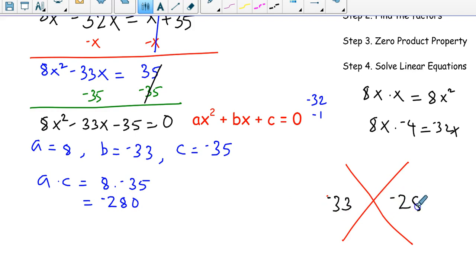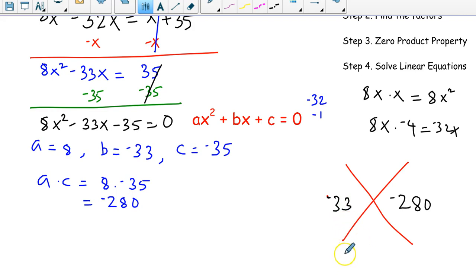So this product of negative 280 is telling me that one of these two numbers is positive and the other is negative, because positive times negative is a negative, and also the sum of the two numbers, that is negative 33, is telling me that the bigger number will have a negative sign.